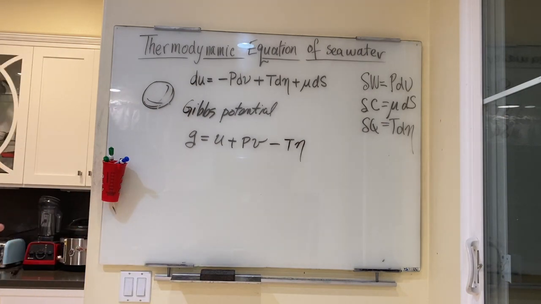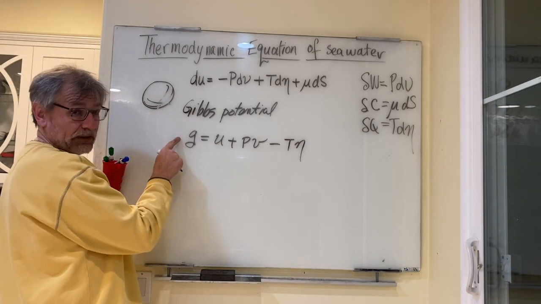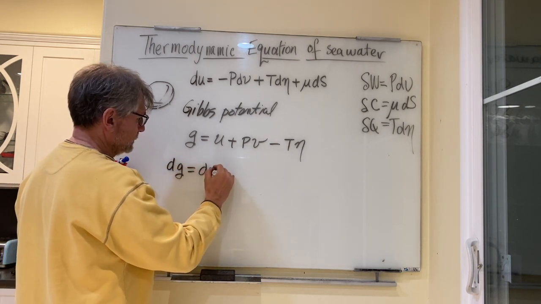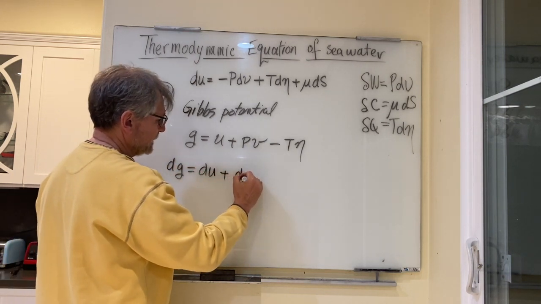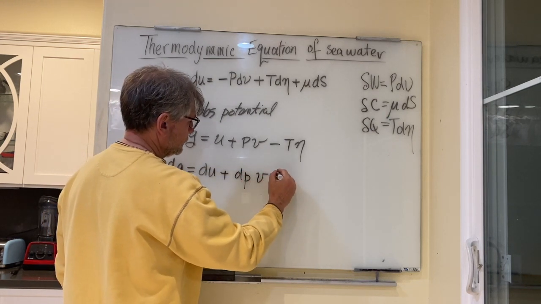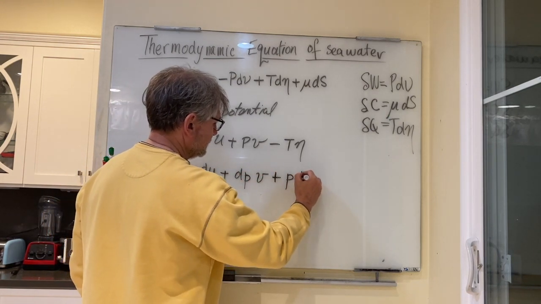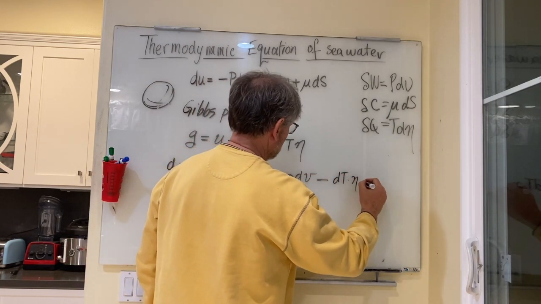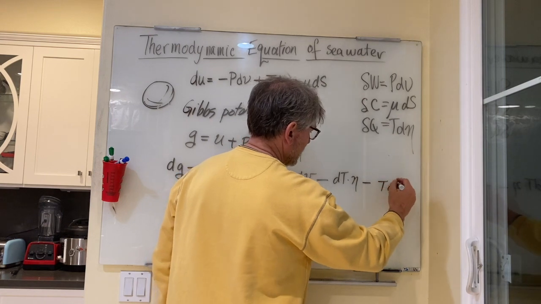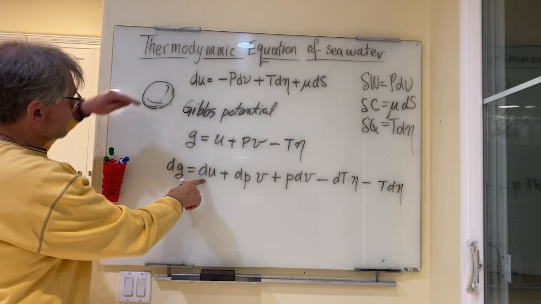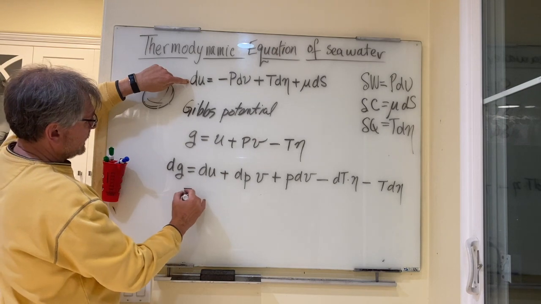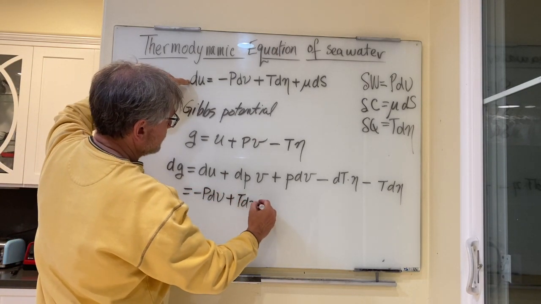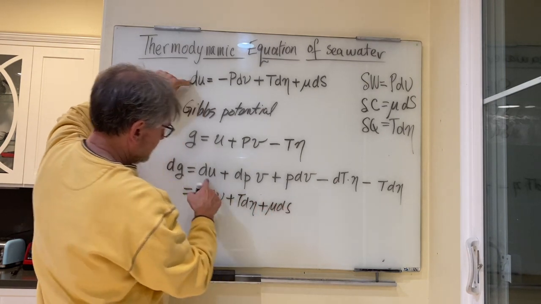Now the reason we do that is, when we now take the differential of G, we get dG is equal to dU, plus dP times specific volume plus P times dV minus dT times eta minus T d eta. And now we'll substitute in what dU is, the differential, so that's minus P dV plus T d eta plus mu ds. That takes care of this.